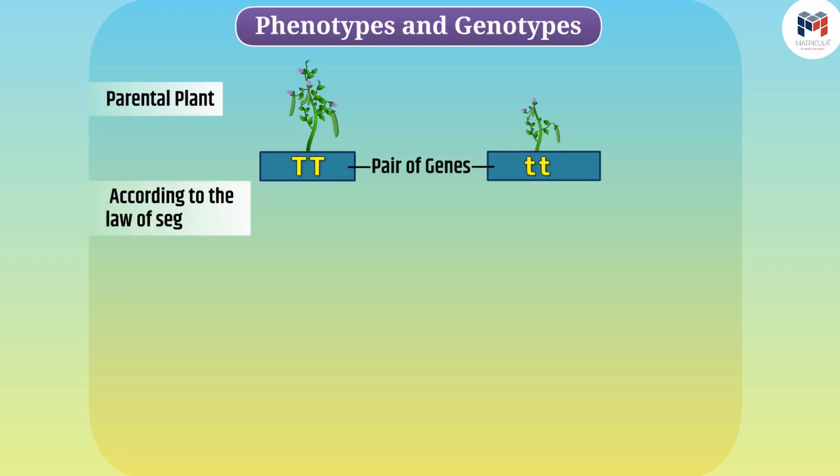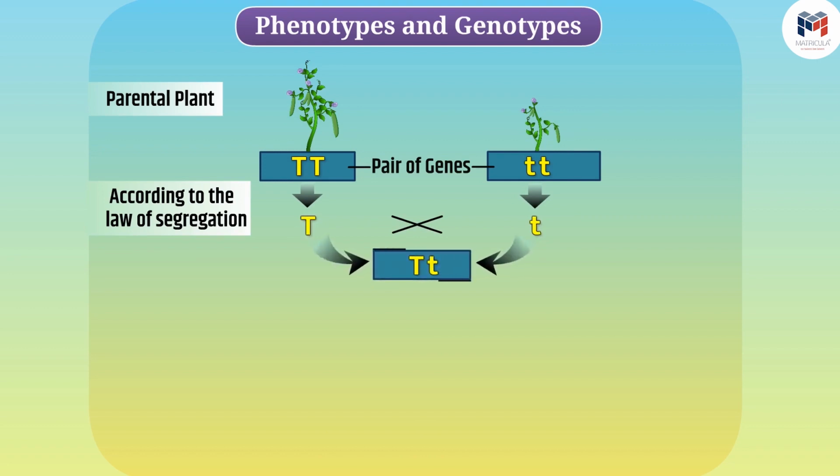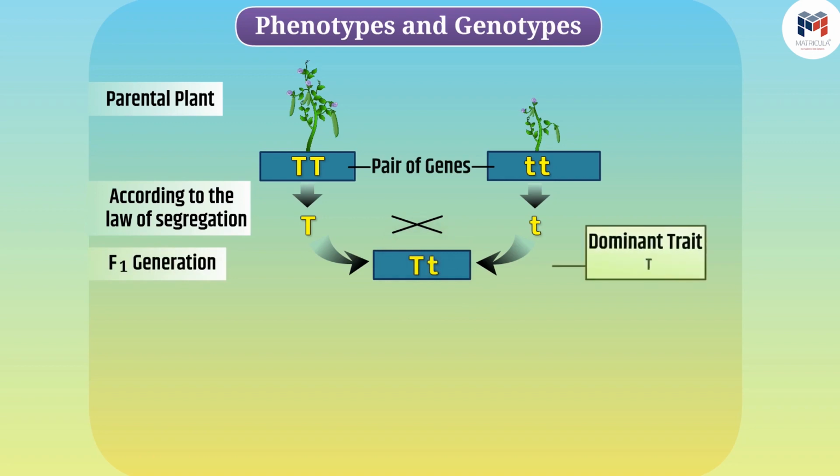According to the law of segregation, the factors in the pairs get separated during gamete formation. If we cross the two gametes, we will get an unequal pair of factors in F1 generation. Therefore, the dominant trait T gets expressed.